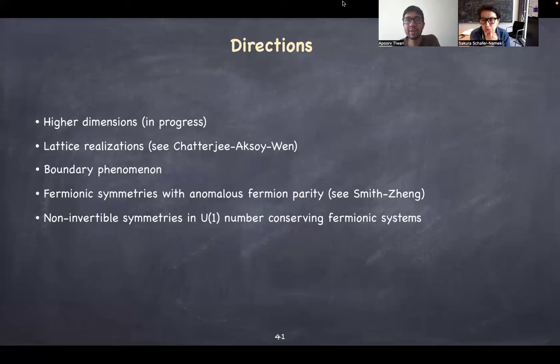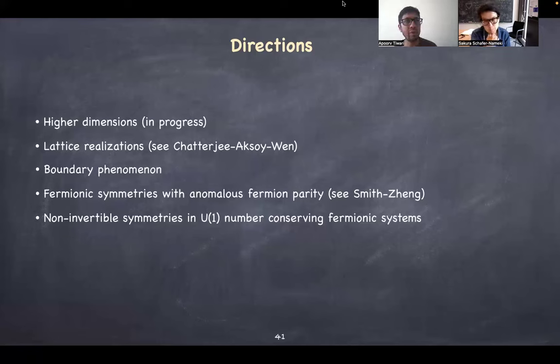Yes, the phases could be obtained using fermionization, all of them, because everything that we always consider is non-anomalous fermion parity. So I guess my question is, have you considered anomalous ones, where you would have to do this analysis directly in the fermionic context? Yeah, it wouldn't be such a nice shortcut.